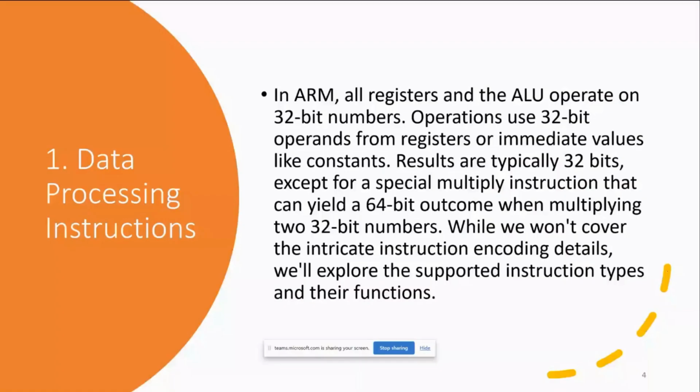We are going to learn the first type, which is data processing instructions. In the ARM instruction set, all registers are 32 bits. A register is a small memory, and in ARM the size is only 32 bits.